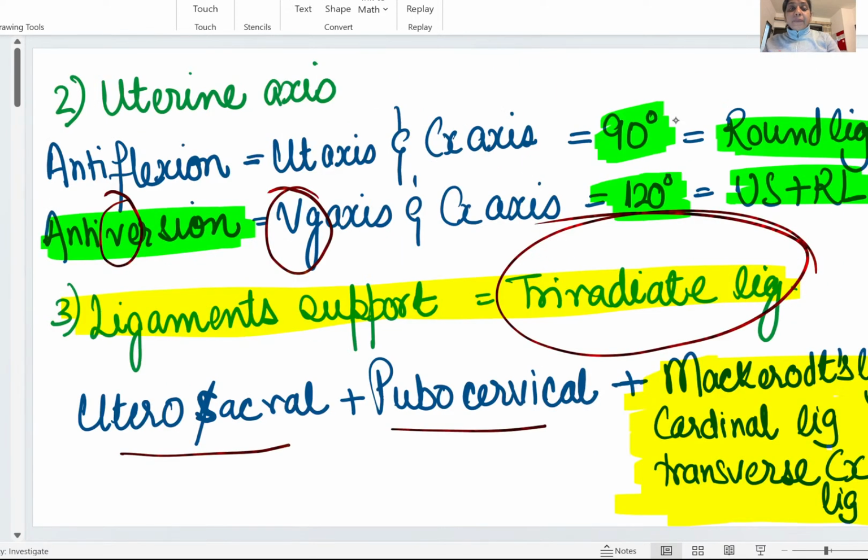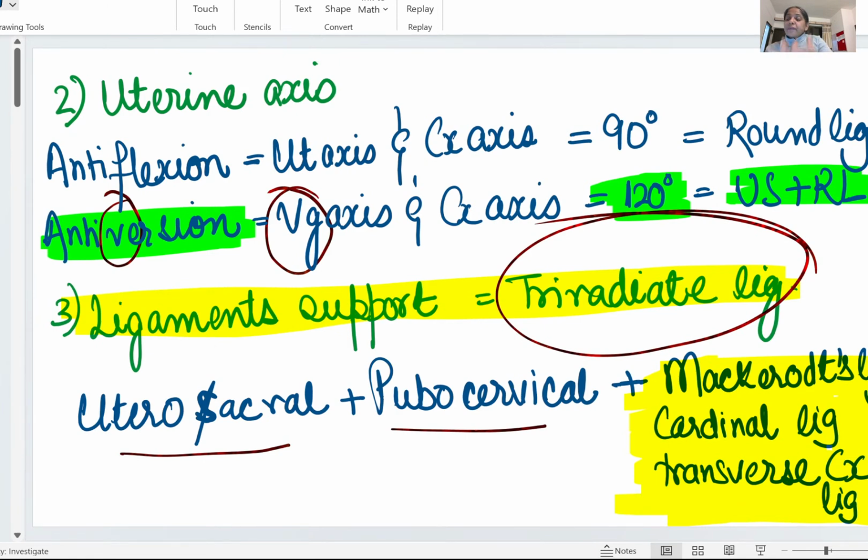Okay. So the main support is by the pelvic floor. Now we will study the second primary support. The second primary support is by the uterine axis. If the uterine axis would have been straight, the uterus would have fallen down. It would have come down due to gravity.